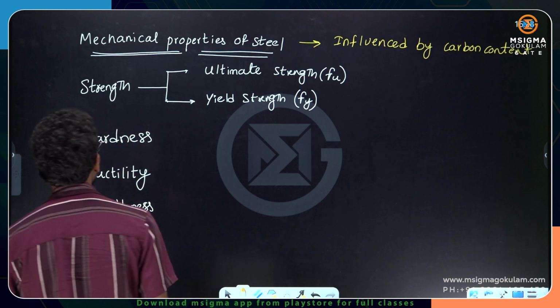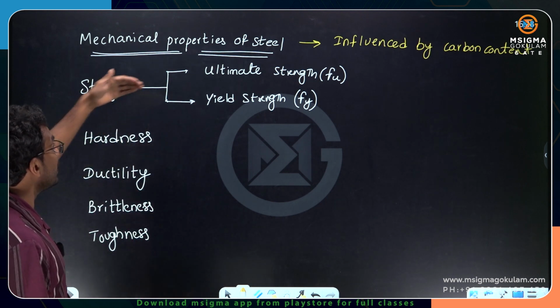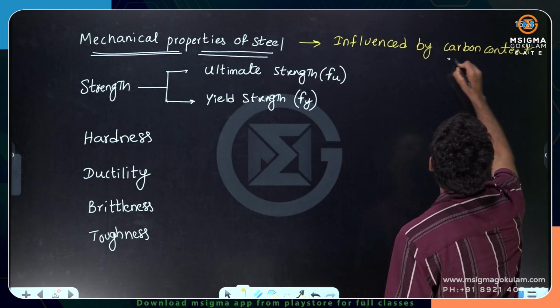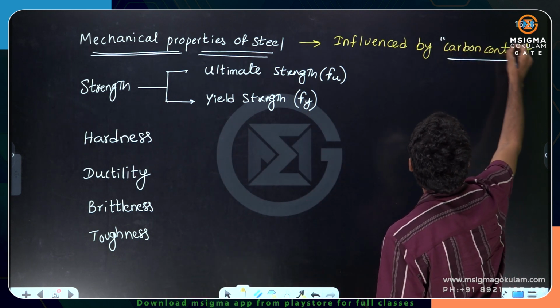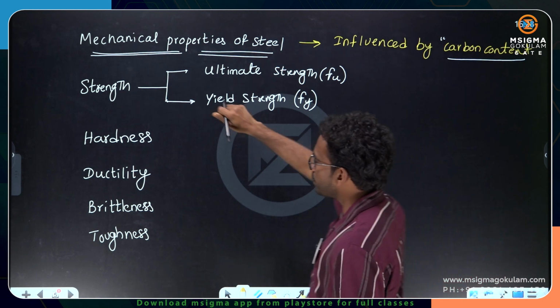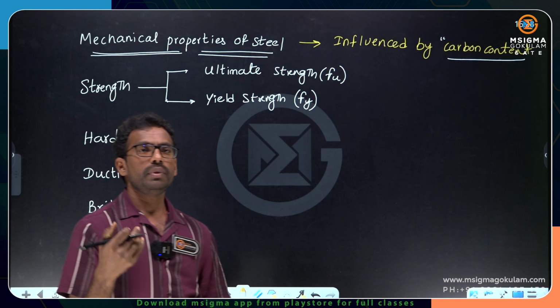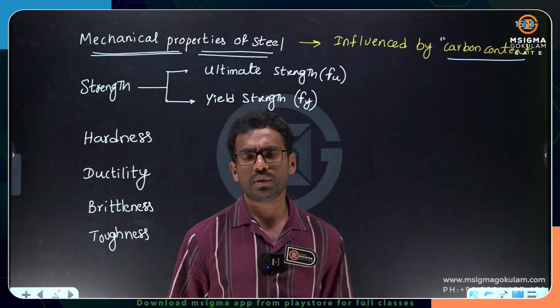Now let us see how carbon content influences these mechanical properties. It's a very important thing, and this is asked in several competitive exams. Let us look at that. So, dear students, you have to understand one point here.